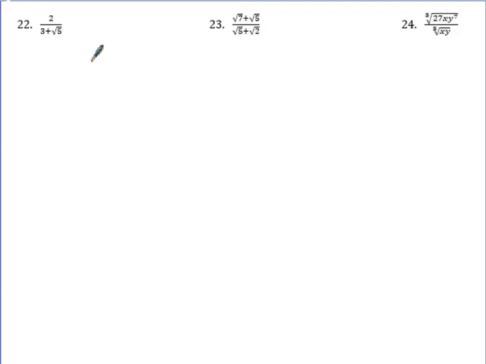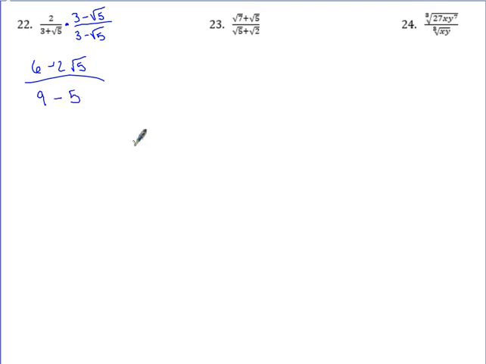Okay, 22, again, we need to multiply by the conjugate because not everything is under the square root. So I'm going to multiply by 3 minus the square root of 5 on both the top and the bottom. All right, on the top, I am distributing. 2 times 3 is 6. 2 times negative square root of 5 is negative 2 square root 5. On the bottom, I could FOIL, but since it's the conjugate, I could just do first times first, which is 9, and last times last, which is negative 5.